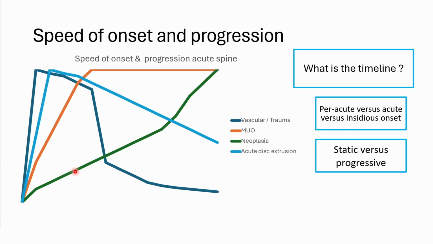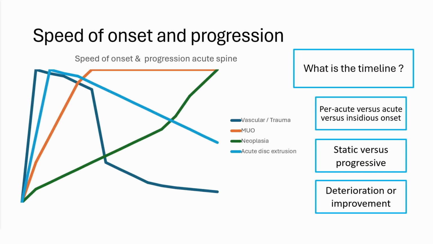Although it should be said that if the spinal cord's ability to compensate is completely compromised, then you may see a chronic course, then a very acute deterioration with those cases. So you need to establish how quickly did it come on, whether or not the animal has remained static or whether there has been a deterioration or perhaps a slight improvement.